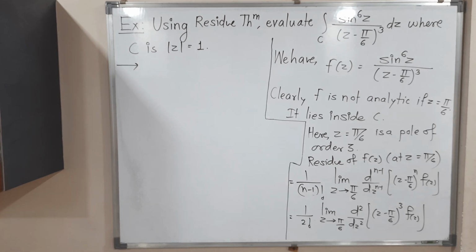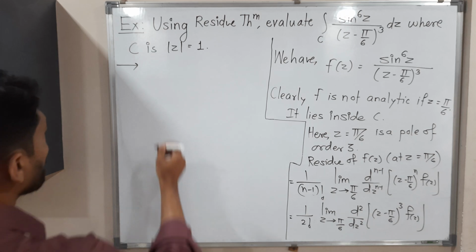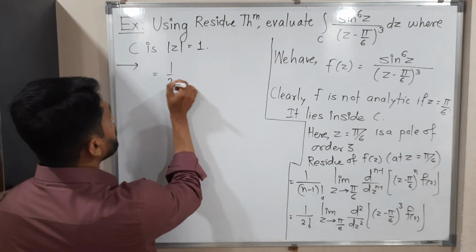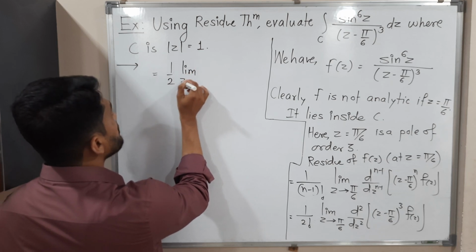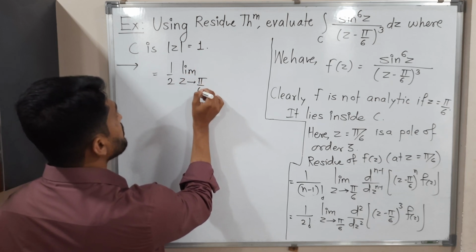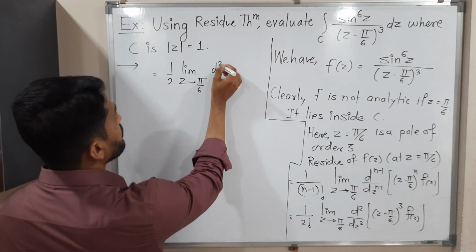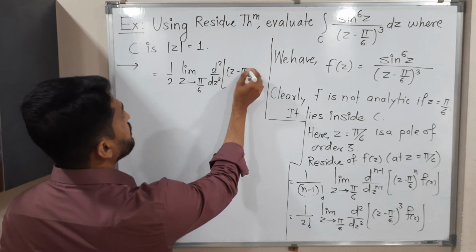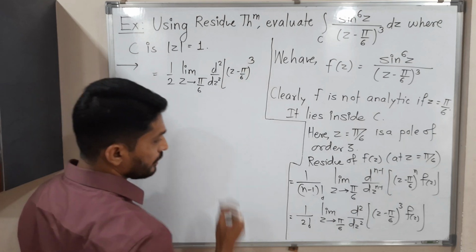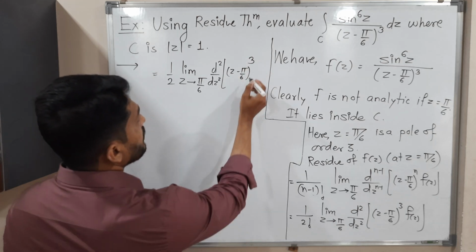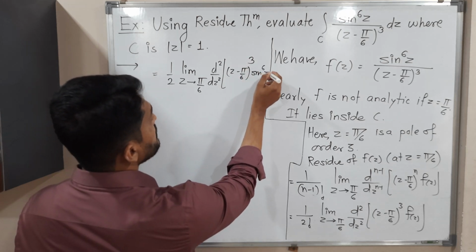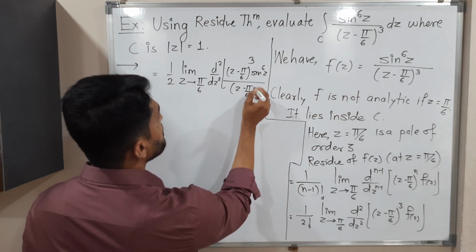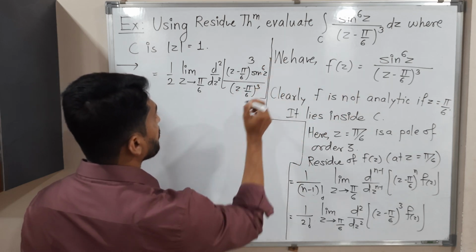So let us simplify it further. This is equal to 2 factorial means 2 into 1, 2, limit z tends to pi by 6, second derivative of z minus pi by 6 raised to 3, and f of z is sin raised to 6z over z minus pi by 6 cube in the denominator.